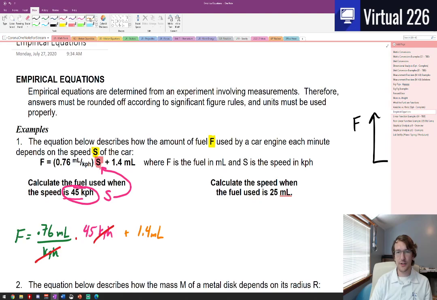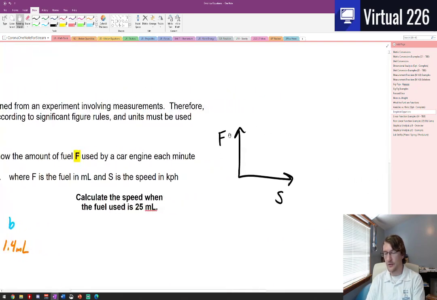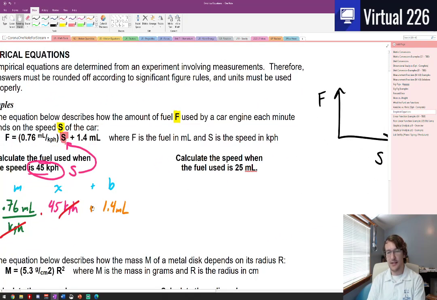If you actually take a look at this equation, it's actually interesting to look at because it's really y equals mx plus b. This m, this 0.76, is the slope here. This y is our fuel, which we saw over here on the graph. And this x is the speed, and b is our y-intercept.